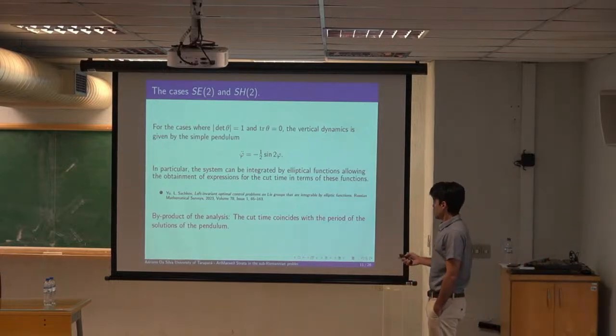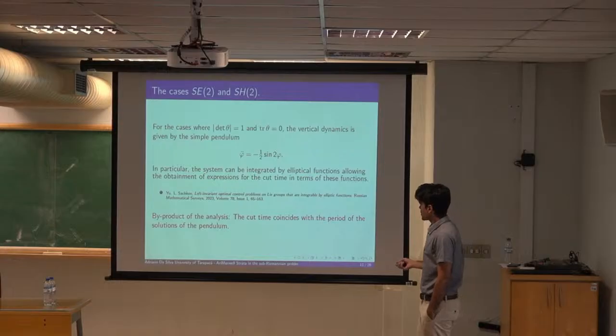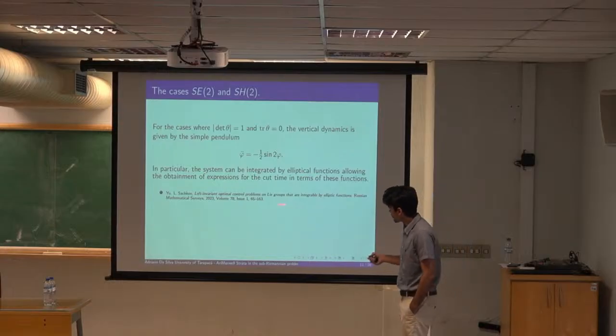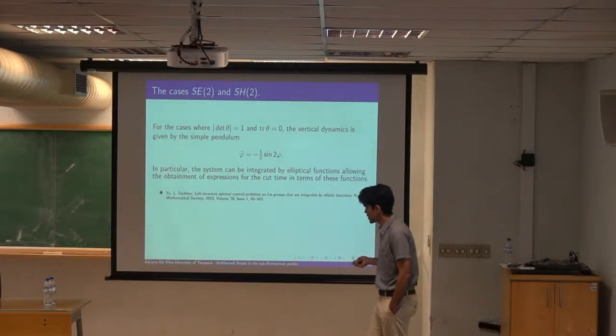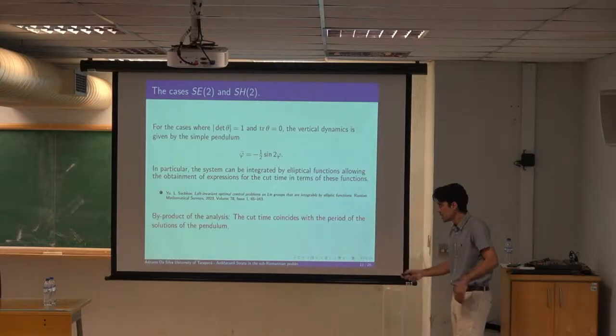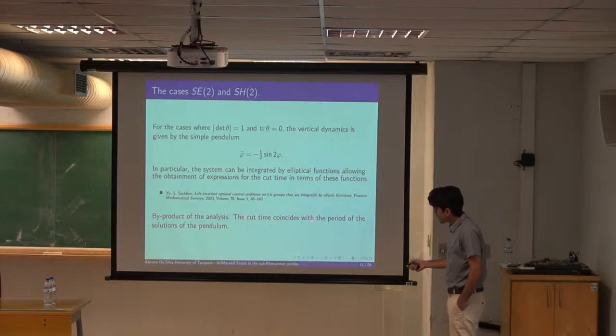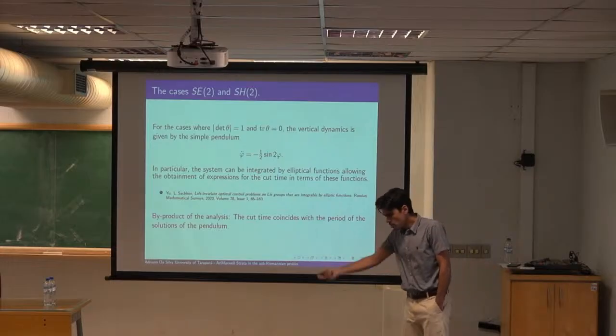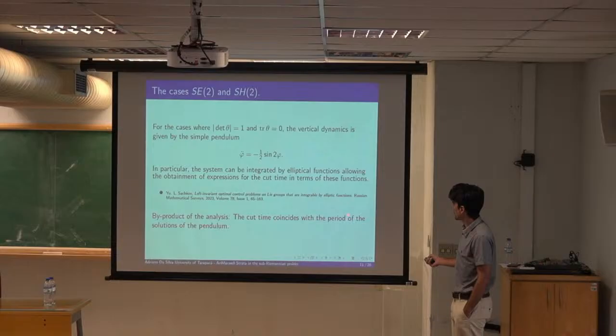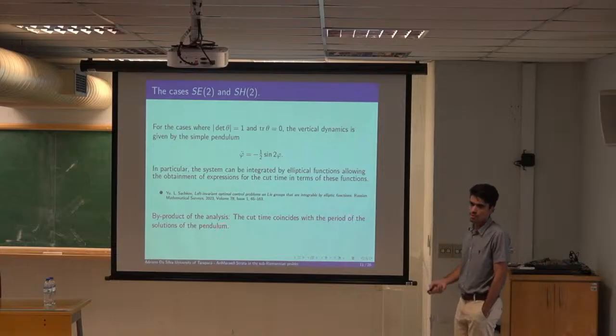Okay, so the only thing that they had in this survey in the 5 or 6 papers on the subject, because they were doing it by steps, was a corollary that says that the cut time, that's what basically we are interested in, the time where you lose optimality, coincides with the period of the solution of the problem.